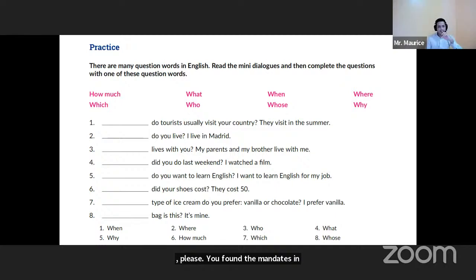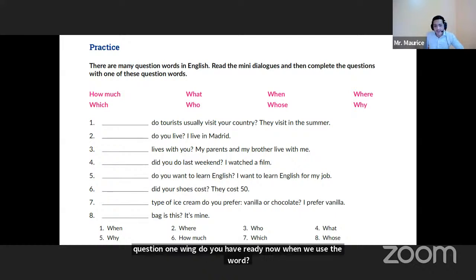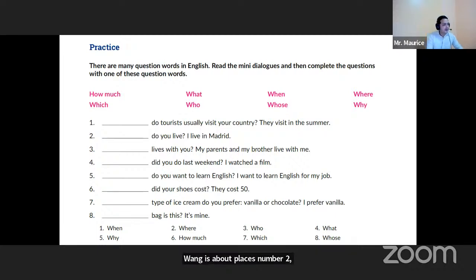Where do you live in Madrid? Thank you. Okay, so the number 1 and number 2, they are WH questions. One, when, you already know when we use the word when, it's about places. Number 2, where, once again, is about places. Perfect.